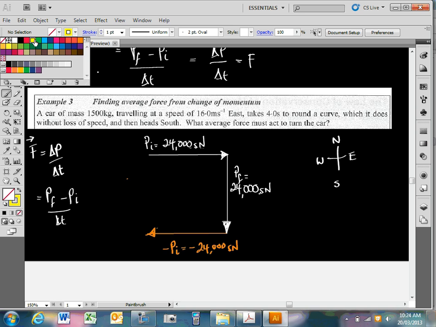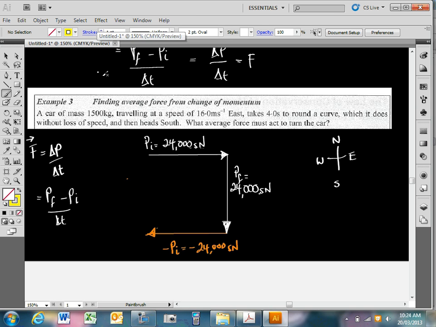What does that look like? Of the addition of F plus minus PI. Well, it's a vector. It goes down like this. I'll make sure you know in which direction it's traveling. Don't forget your arrows when drawing these diagrams.